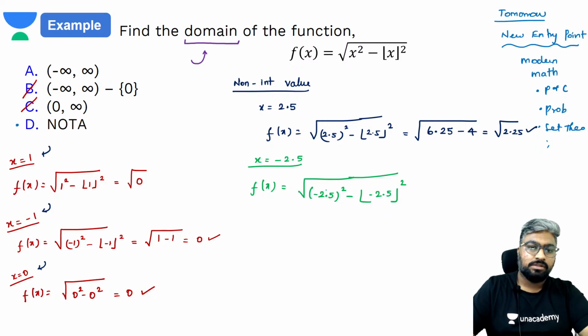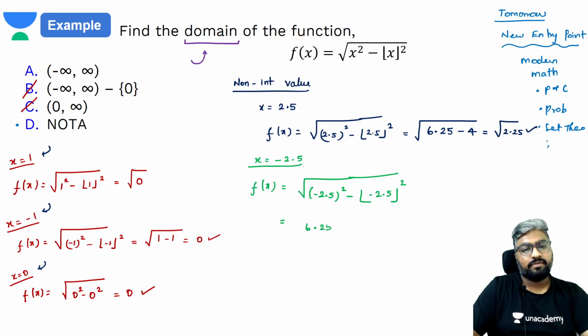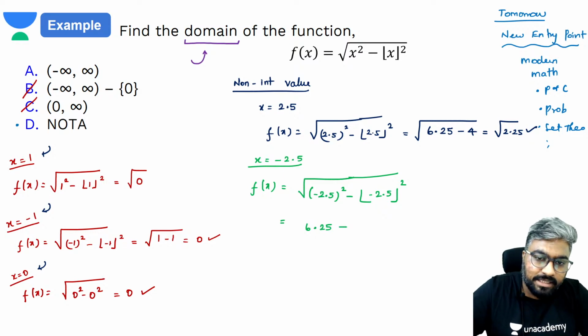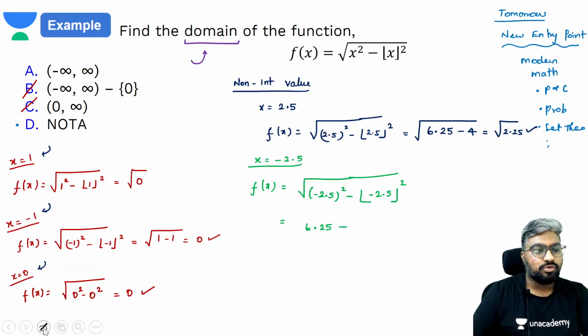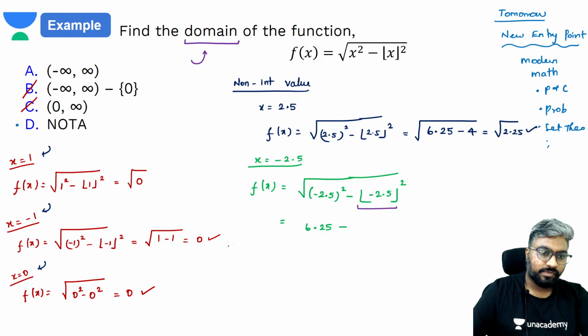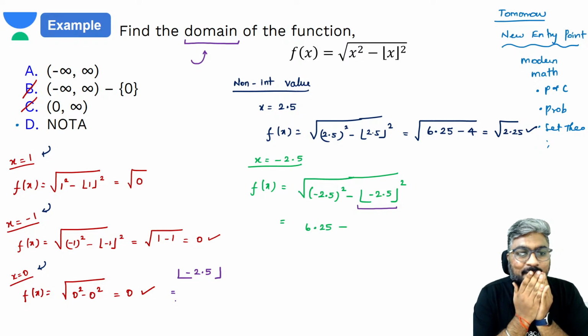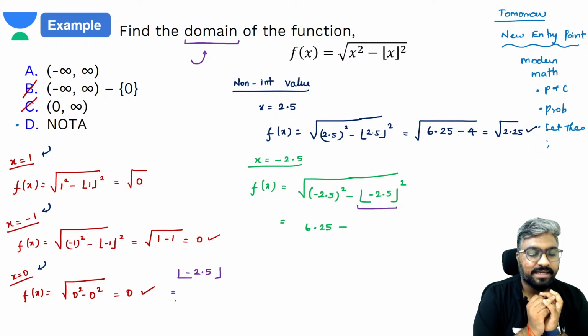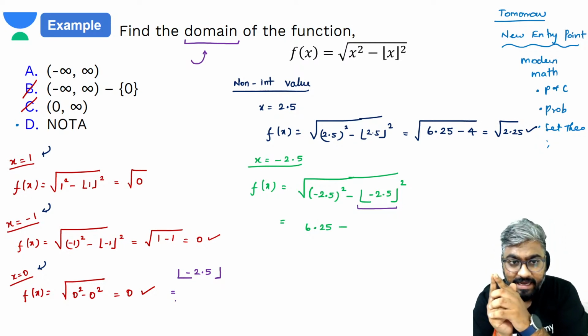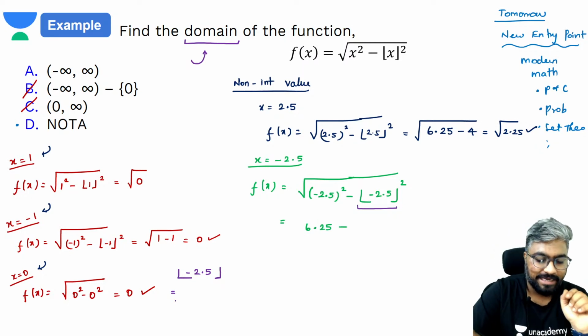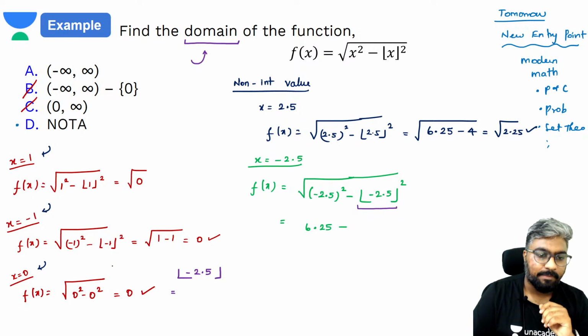So (-2.5) square is 6.25, minus what is the greatest integer less than or equal to -2.5? Quickly tell me, guys. What is the greatest integer of -2.5? We have to go to the left of -2.5, not the right. -3. Very good, Krishna, Paras.